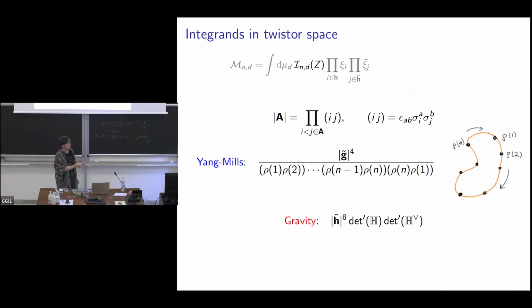And Yang-Mills, the integrand here, for a certain color ordering rho, which I've denoted as the circle here, is given by this object, which should remind you of the Parke-Taylor factor in terms of these normal brackets. Hopefully that's okay. And for gravity, we have these two reduced determinants, which I'll go into more detail on.